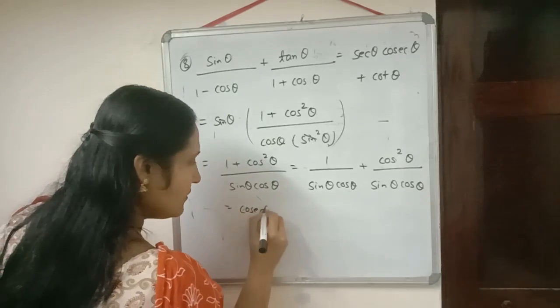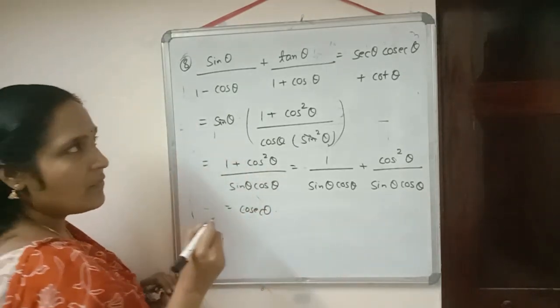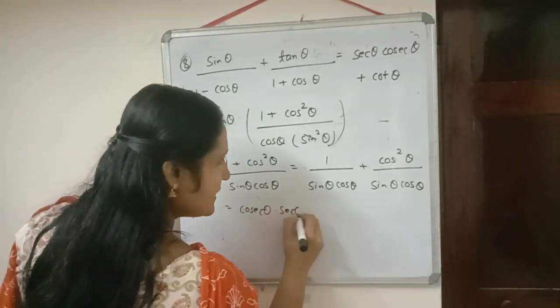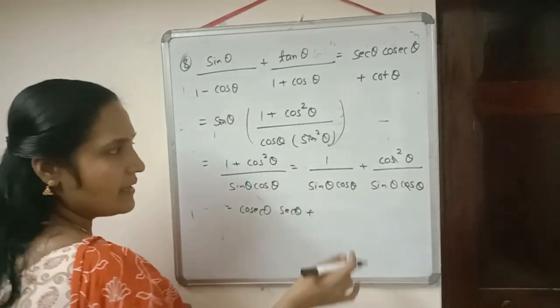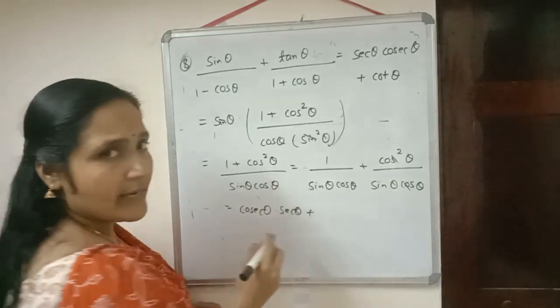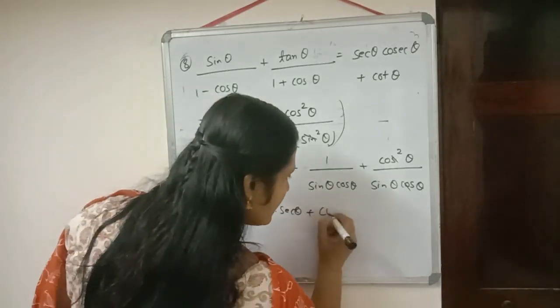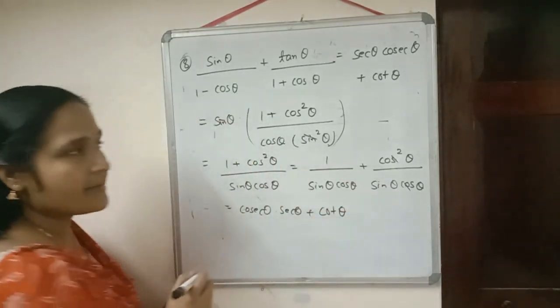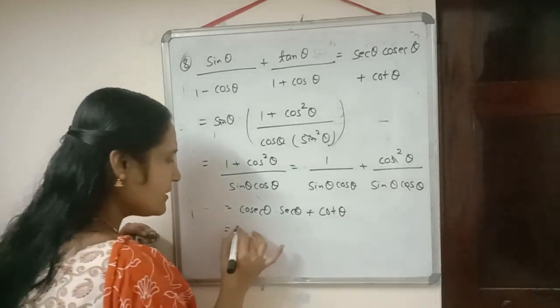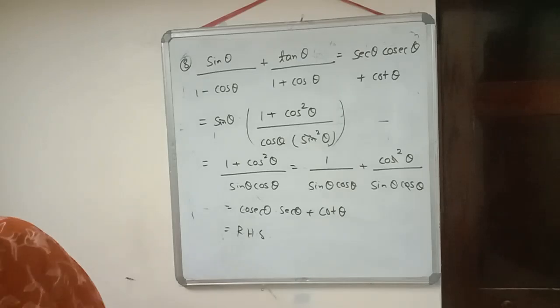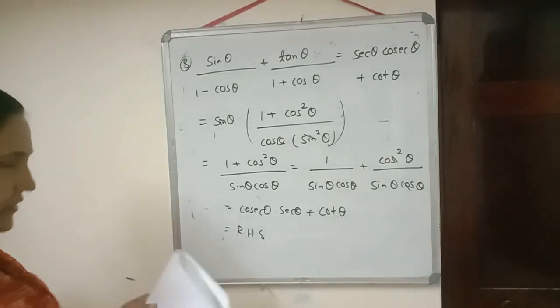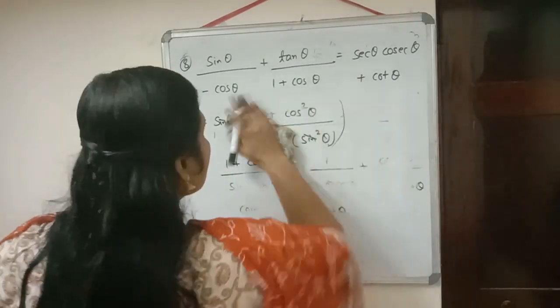That is equal to cosec theta, into 1 by cos theta is sec theta, plus here 1 cos theta will get cancelled. Remaining is cos theta by sin theta, which is equal to cot theta. So I think this is our right hand side. Yes. Okay.